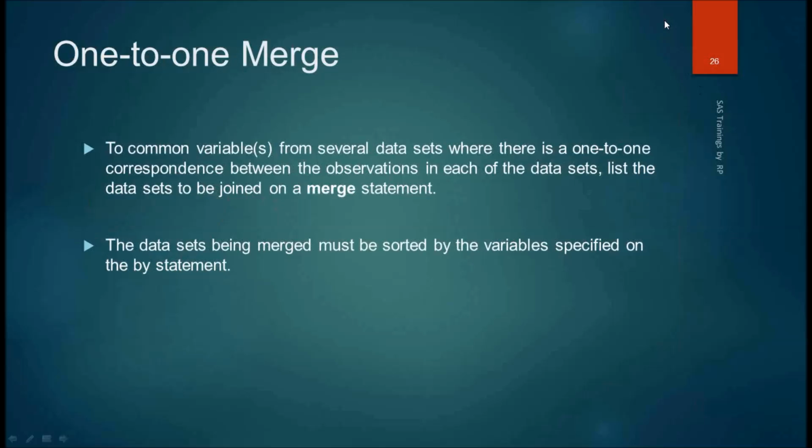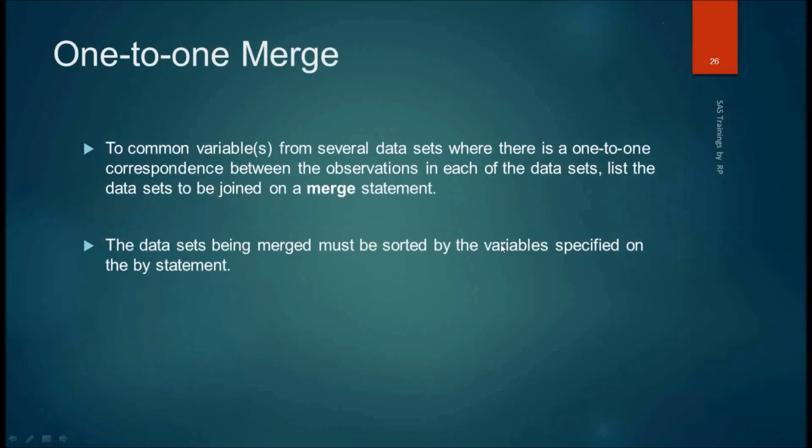One-to-one merge combines common variables from several datasets where there is a one-to-one correspondence between the observations in each of the datasets. Which means if in 2 datasets you have one common variable present in both datasets, and it has a one-to-one correspondence between observations, it's called one-to-one merging.